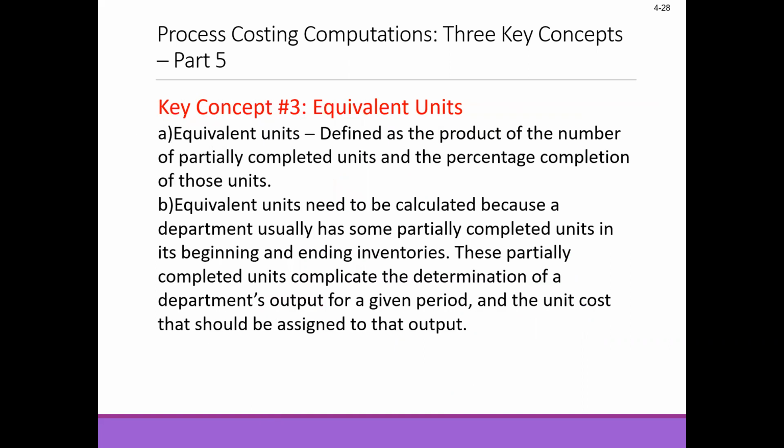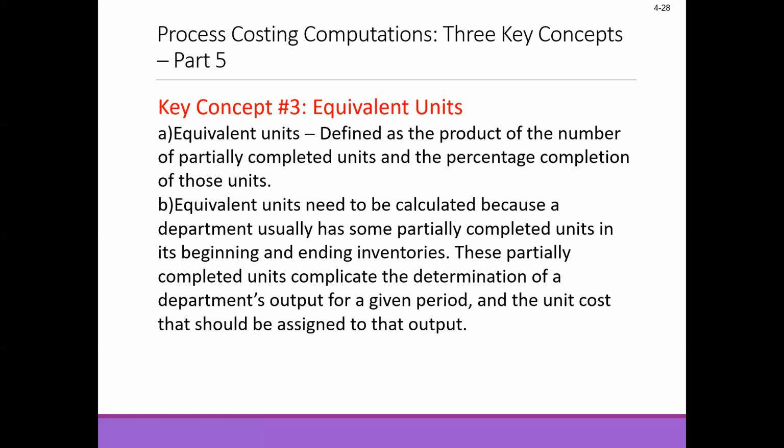Equivalent units are defined as the product of the number of partially completed units and the percentage of completion on those units. We need to calculate these because we're going to have partially completed units, not only in the ending inventory, but the beginning inventory. That makes it a little more difficult to figure out the output.